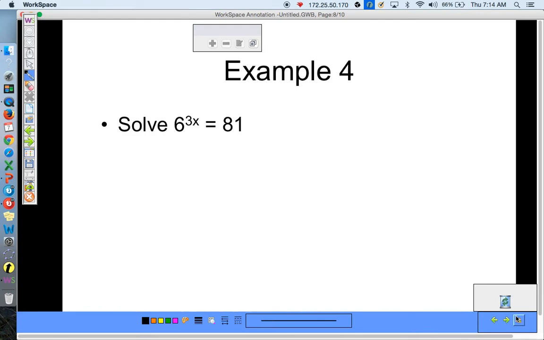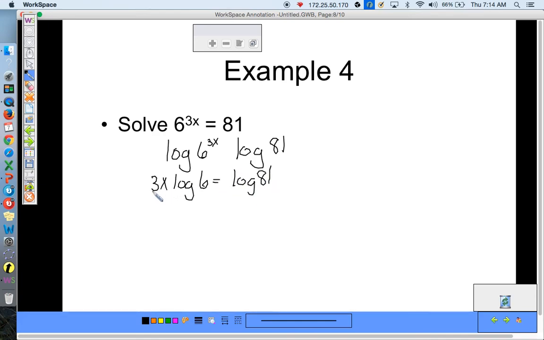And now a couple more solving ones. So you can solve using log or natural log on each side to take that exponent out, so we can bring it down in front. So if we log 6 to the 3x equals log of 81, and again we're just assuming base 10, 3x comes out in front, and then we can divide by 3 log 6.